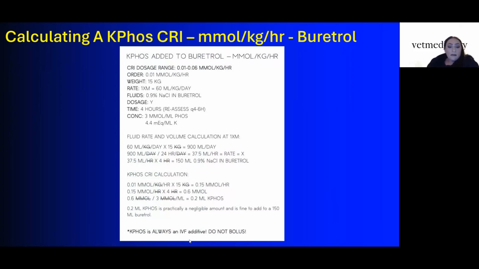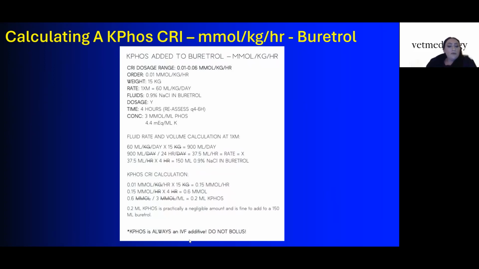The KPhos CRI calculation, 0.01 millimoles per kg per hour. Don't get thrown off by millimoles or mEq or anything like that. It's just like milligrams and mics. Times 15 kilograms equals 0.15 millimoles per hour. 0.15 millimoles per hour times 4 hours equals 0.6 millimoles. 0.6 millimoles divided by 3 millimoles per mL equals 0.2 mLs KPhos.